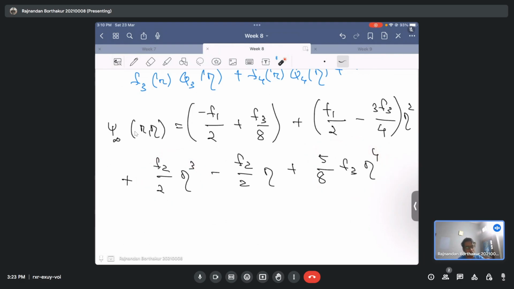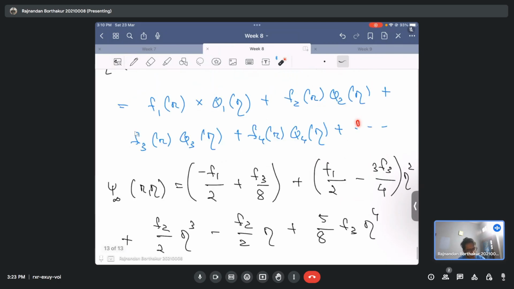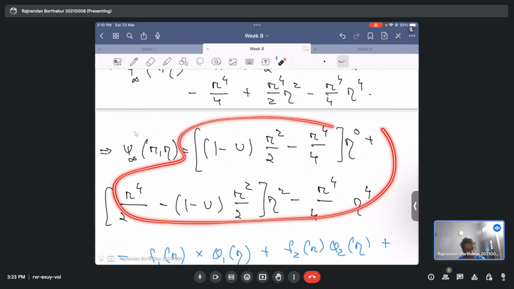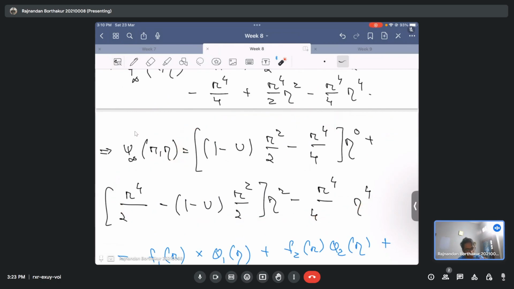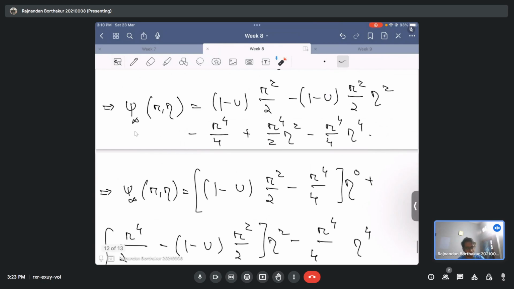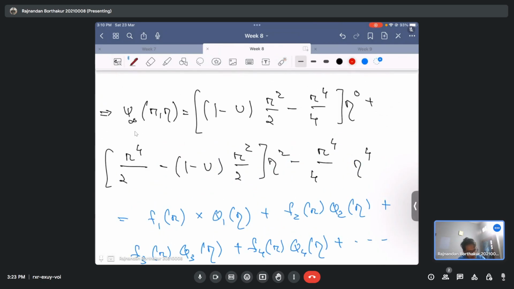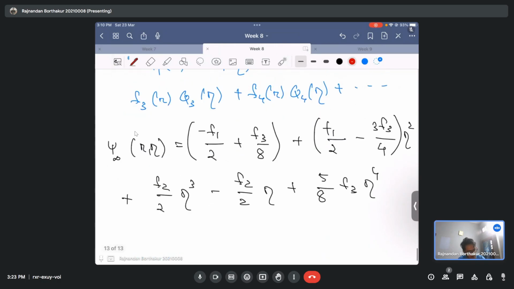And if you go on and take more terms like f5 of r times q5, you can again prove that f5, f6 and f7 will be 0. This is because we have just compared this with the form of psi that we have manufactured out of the far-field condition. Okay, so now I will name this as equation 1, and I would name this as equation 2.